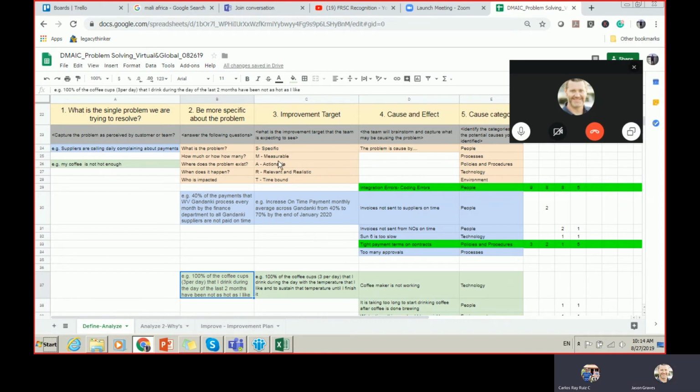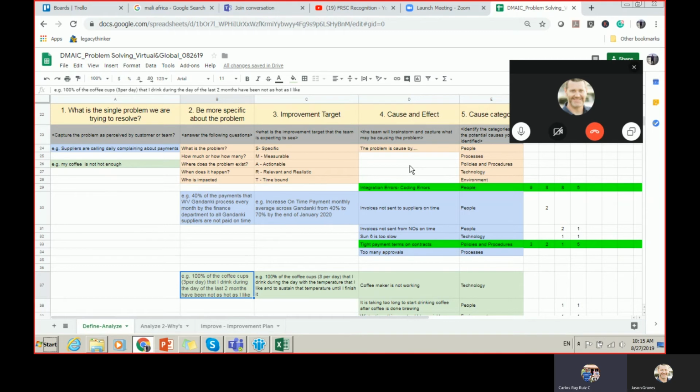And then once you have that, you engage the team and say, okay, guys, I want you to brainstorm on your own time. Maybe you say you're going to have 3 days to capture what you think is causing that problem. So the team will brainstorm and capture what may be causing this problem.